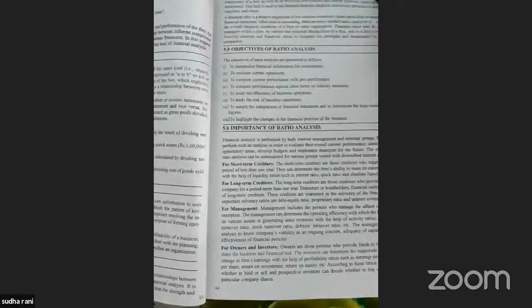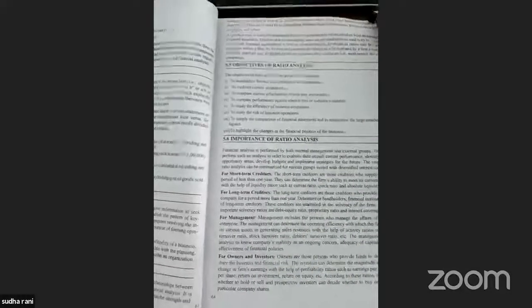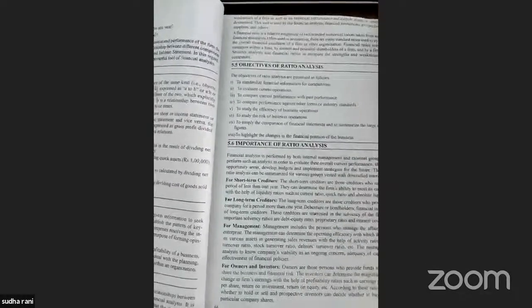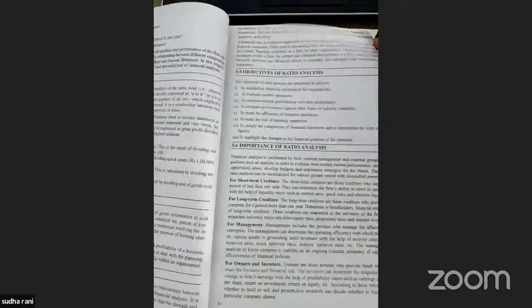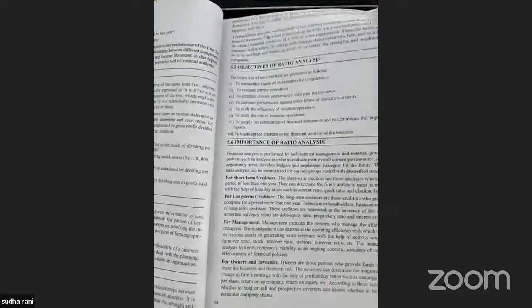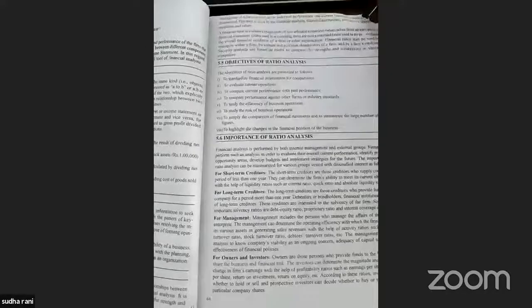So before lending, they want to know the actual ability of the company in meeting its current obligations. If you are creditworthy, then I'm ready to give you the credit. If you are not creditworthy, I'll not show interest in giving you the credit. The same way at an organizational level.